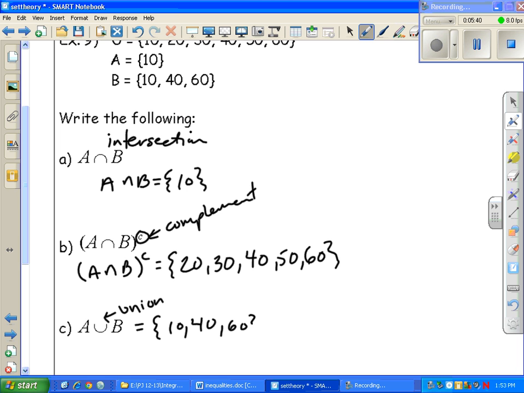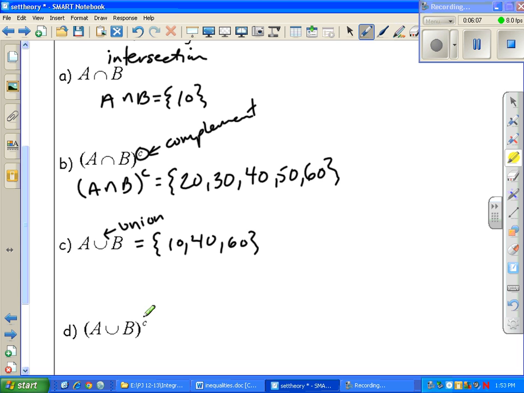So the answer to C is actually the same as what's already in B, but that's only because A had 10 as its only element. If, let's say, A also had 30, then the union would be 10, 30, 40, 60. We would include the 30 in our answer here.